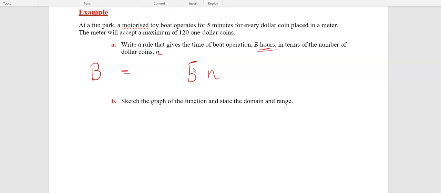If we put in 10 coins, it'll be 50 minutes, but it wants it represented in hours, so we just need to go 5 divided by 60, because there's 60 minutes in every hour. So the equation actually is B is equal to 1 over 12 N. And to be consistent with what we've been looking at in regards to functions, it's actually B is a function of N, equal to 1/12 of N.